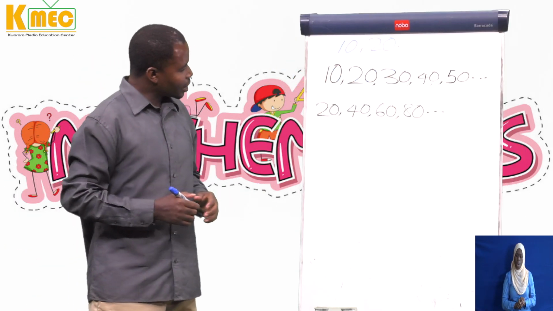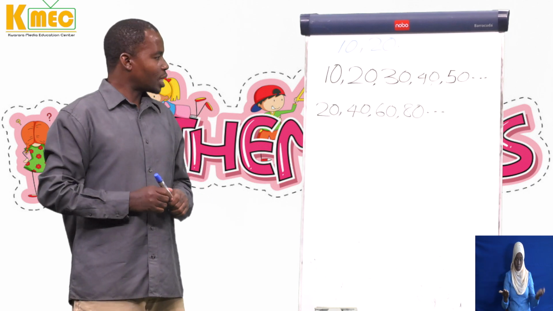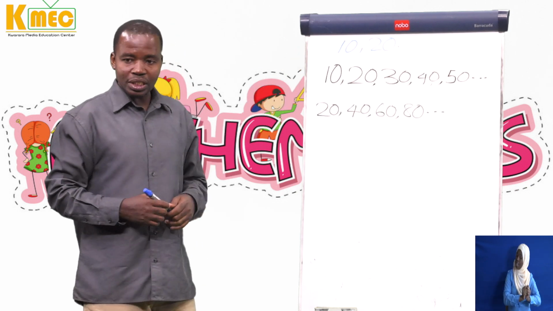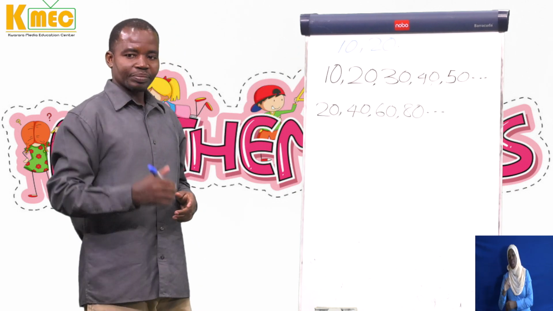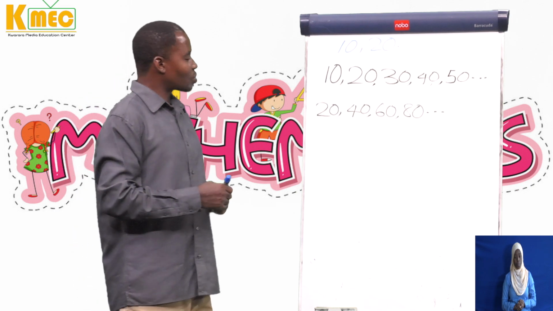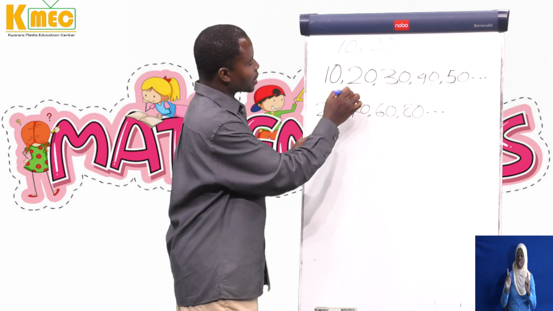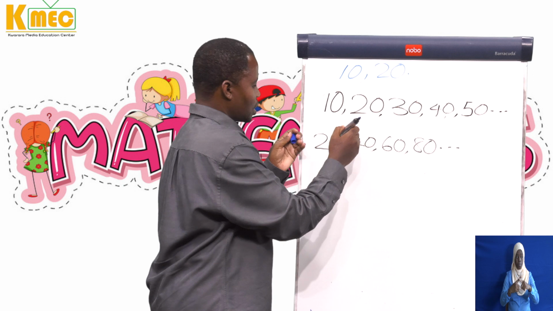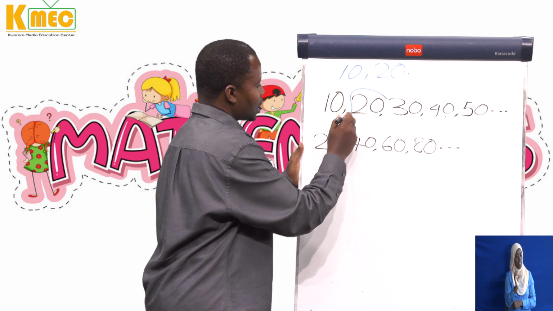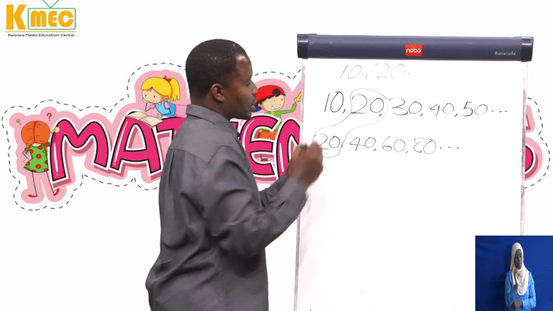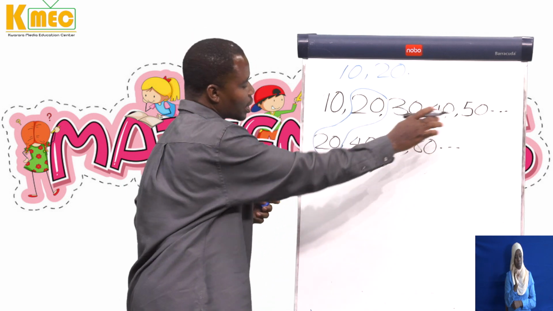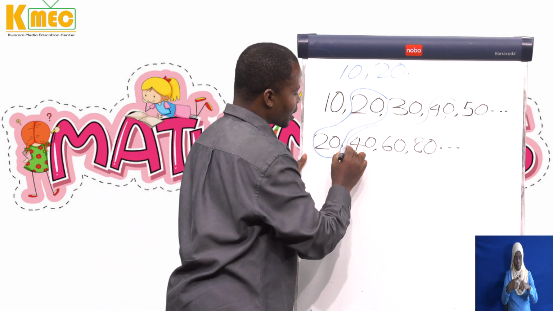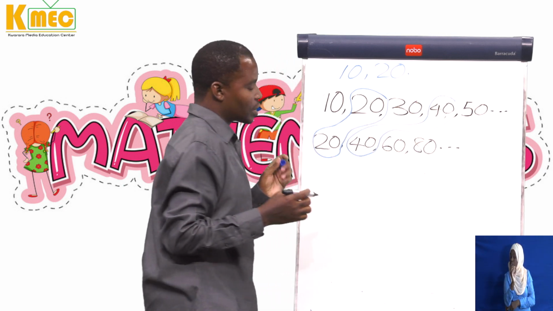So what are the common multiples between 10 and 20? Can you list them? Okay, let's pick them. 20 is in both. It is 20 here and 20 there. So they are common. What other number is common? 40, very good. It is 40 here and 40 there.